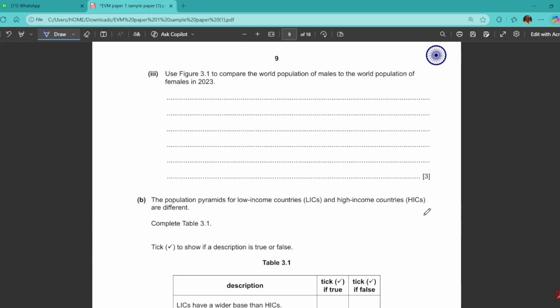Use figure 3.1 to compare the world population of males to the world population of female in 2023. Now whenever this type of question comes where you need to use the figure and comparison, fine, see, check out this keyword, figure and compare. So whenever these things are there, always support the answer with data.